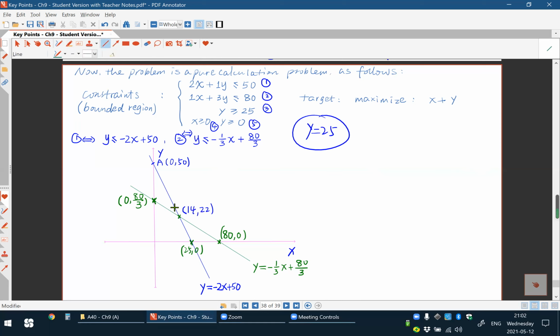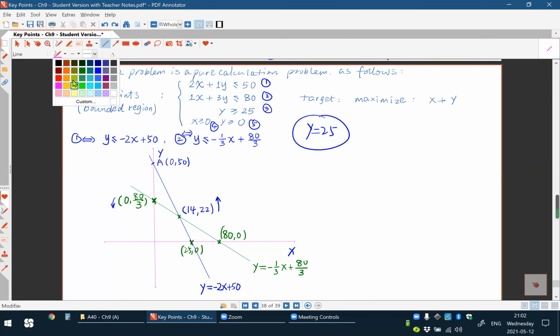It should be somewhere above this point, right? And somewhere below this point, right? Because 80 over 3 is 26.67, right? Okay, so this line should be somewhere in between. So for example, it could be here, right?